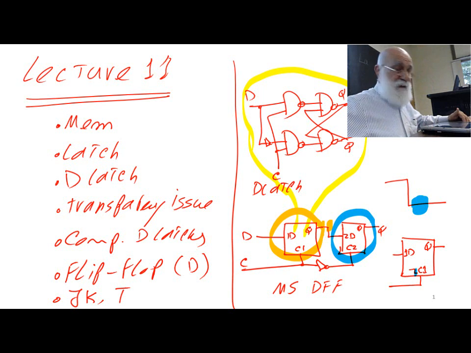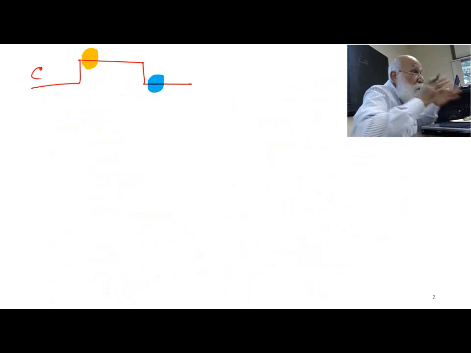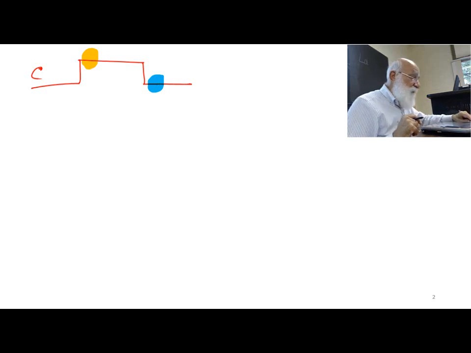All right, so that works. What's the problem? The problem is that I have some delay in the orange area and some delay in the blue area that they add together and put a limit on how fast my circuit can become. And that's the problem we are solving today.